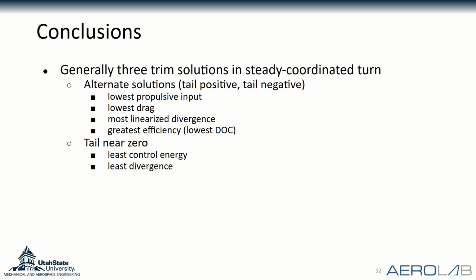If we're going to set it in a loiter pattern, perhaps it would be best to put it in a more efficient trim solution. That's what these alternate trim solutions are. But perhaps we're going to make our aircraft more maneuverable, more agile. We would probably want to have the tail near 0, or when building controllers or something like that, we're analyzing these trim solutions where the tail is near 0.